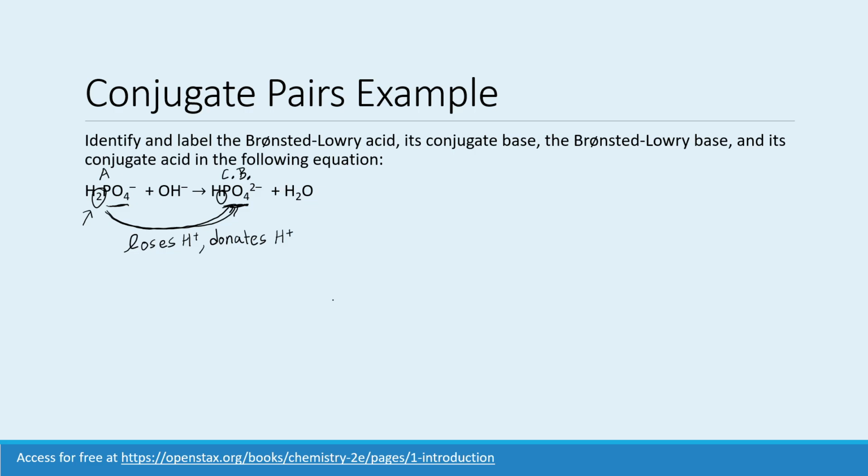And then we look at the other reactant that we have here. This is the hydroxide ion, okay? And looking at what it forms on the product side, we can see that if H2PO4 lost a hydrogen ion, then the OH negative must be gaining, right? Because it only has one hydrogen here, and now it has two on the product side. Okay, so hydroxide ion is gaining that H plus, which means it must be an acceptor.